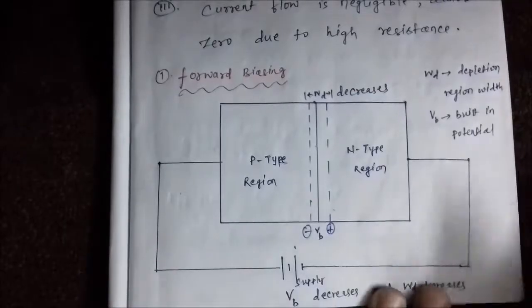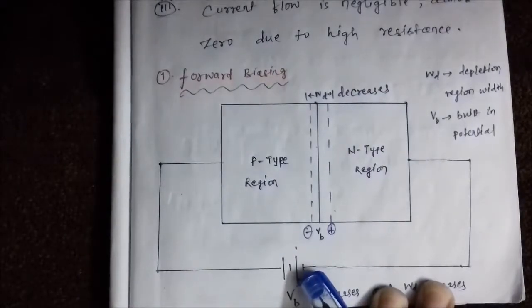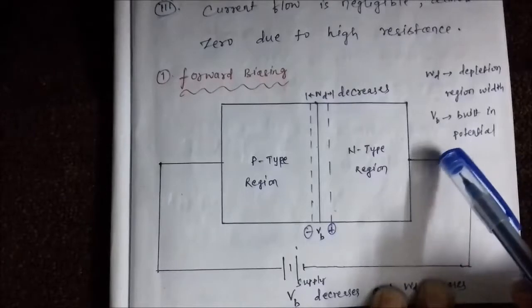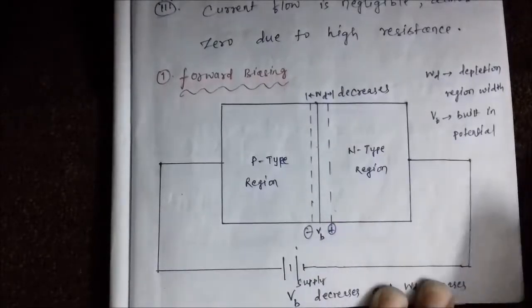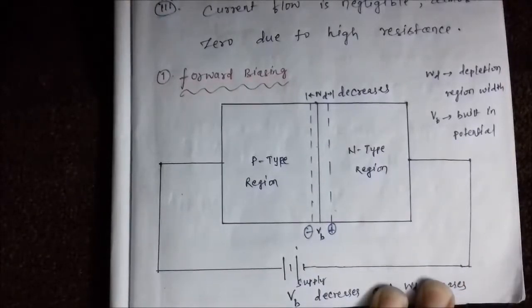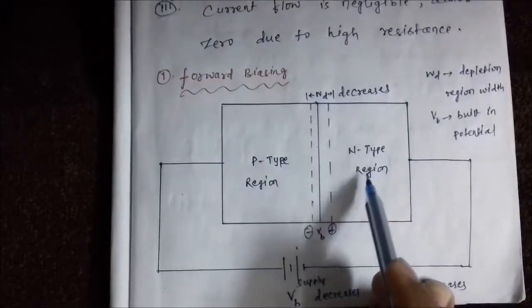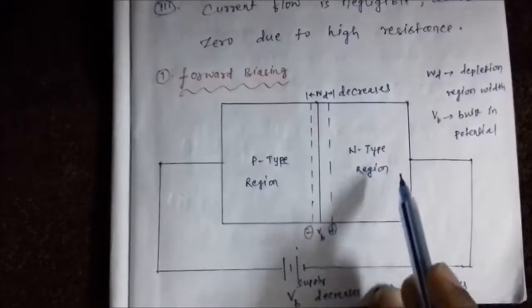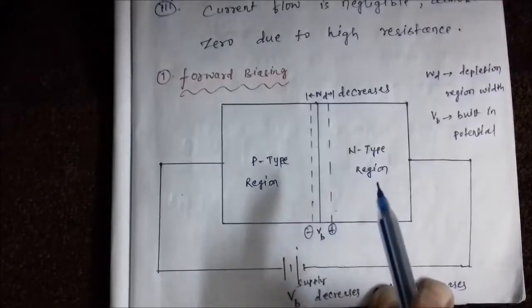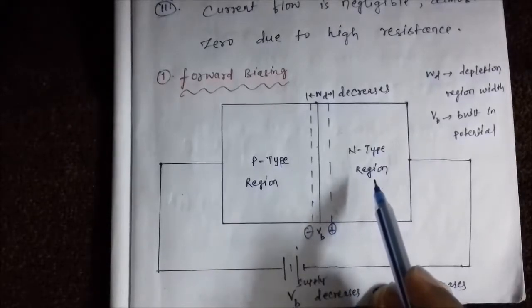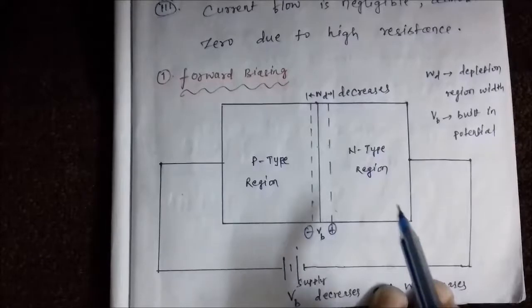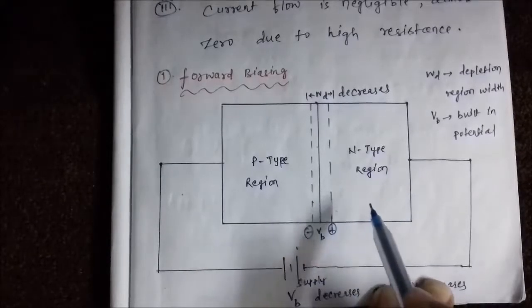First of all, the negative terminal repels or pushes the electrons in the n-type region, which are the majority charge carriers, towards the junction. The electrons thus travel through the n-type region as the majority charge carriers, or free electrons.